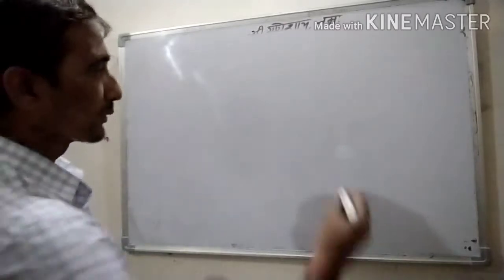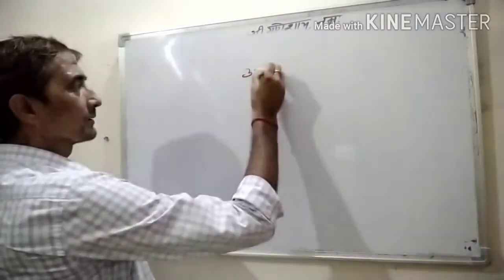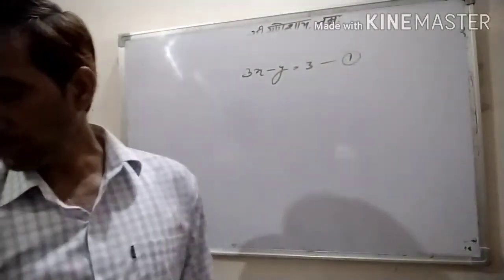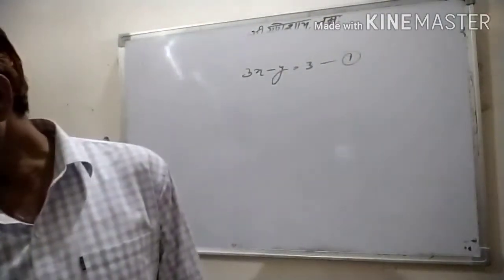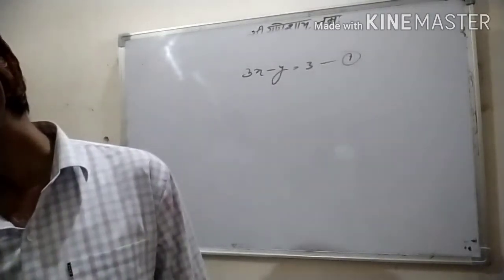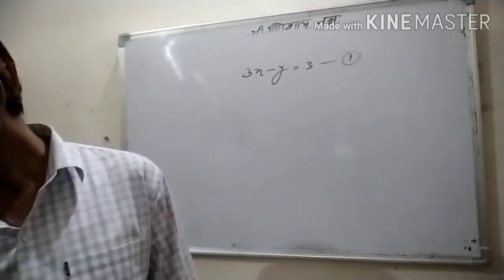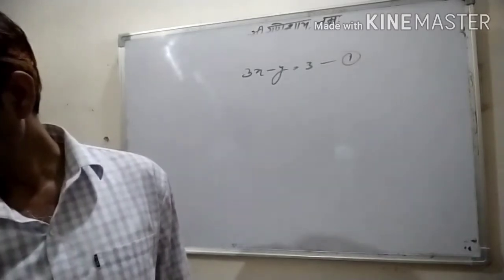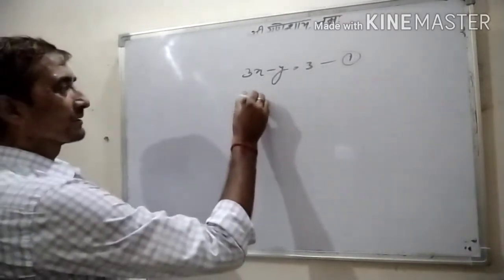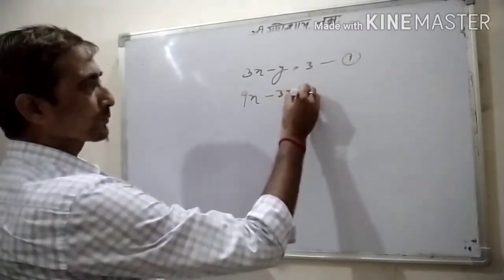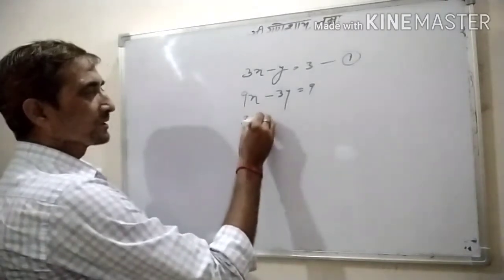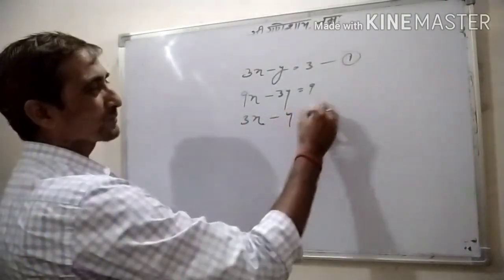3x minus y equal to 3, now the first question. And 9x minus 3y equal to 9. Dividing the equation by 3, then 3x minus y equal to 3.